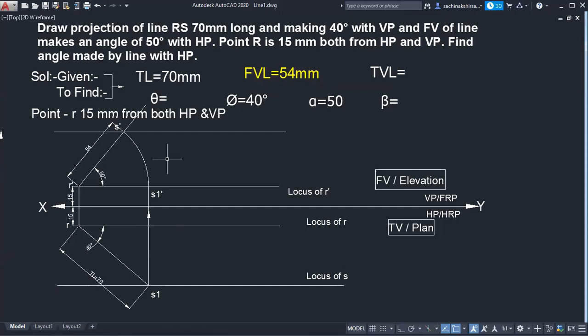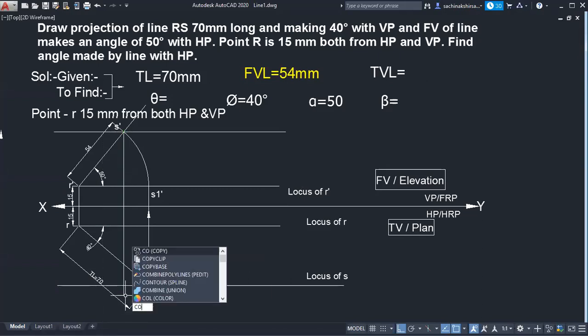Okay, if I draw a straight line, because R and R dash will be on one point, similarly S and S dash will be on one point, and I know the locus of S. So if I draw a straight line from this, which point will I get here? Yes, that point will be S. So this I will draw directly here.